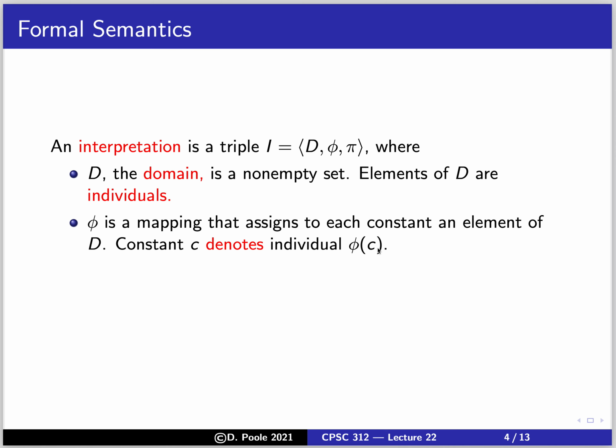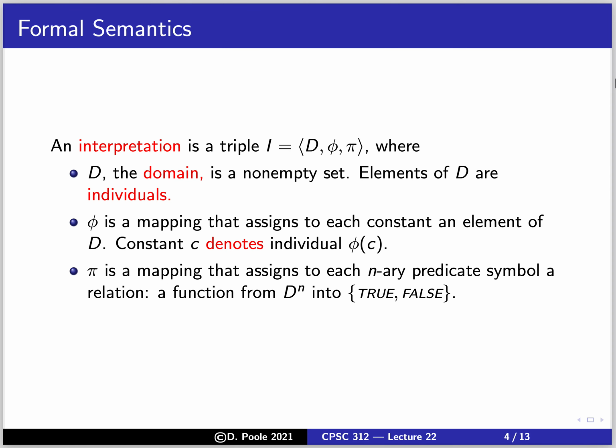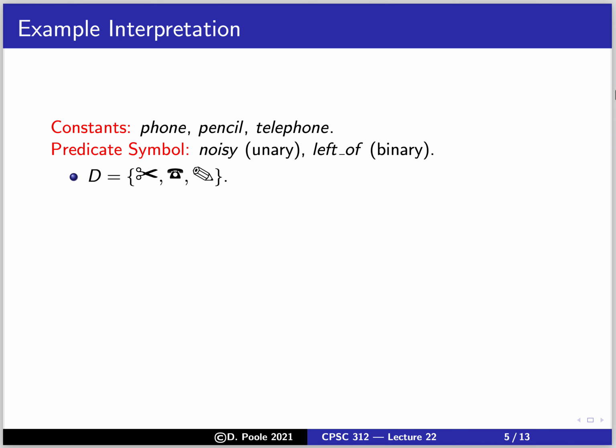It maps from constants into individuals in the world. And pi is a mapping that assigns to each predicate symbol with n arguments a function from D to the n, mapping each tuple of n values into either true or false.